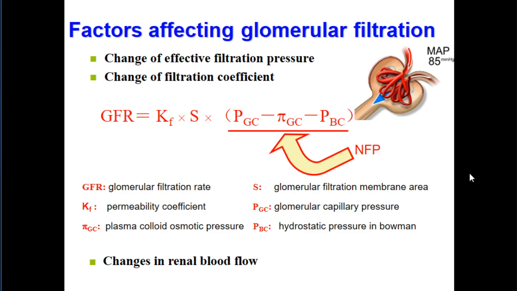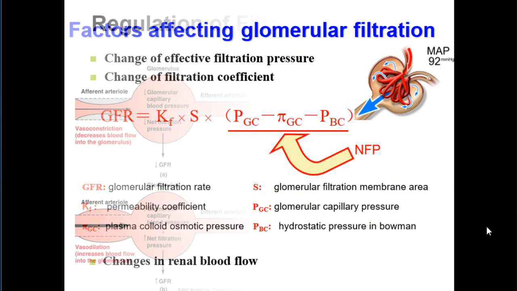Factors affecting glomerular filtration: changes of effective filtration pressure, which altogether will make the net filtration pressure; then changes of filtration coefficient, that's the permeability coefficient and the glomerular filtration membrane area; and any changes in renal blood flow.